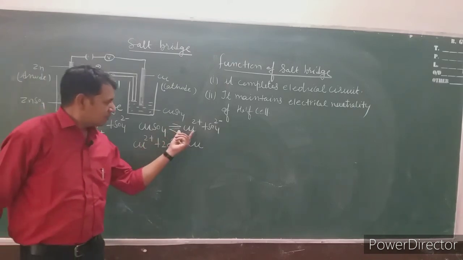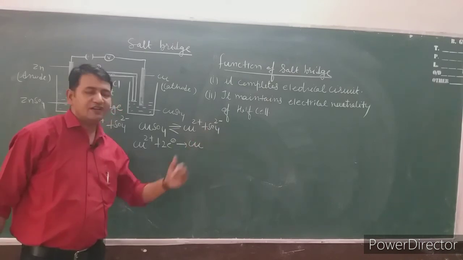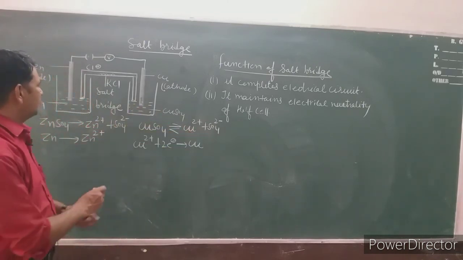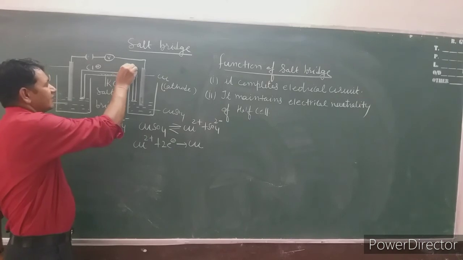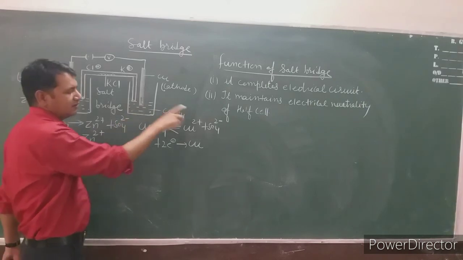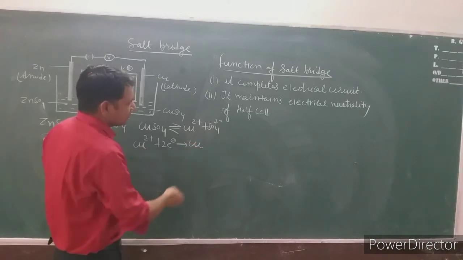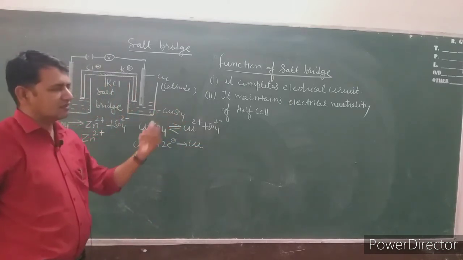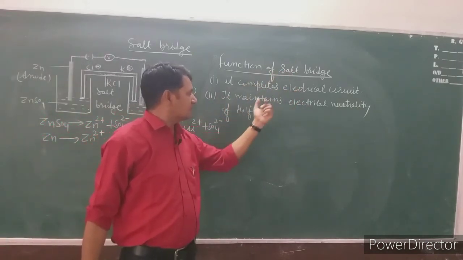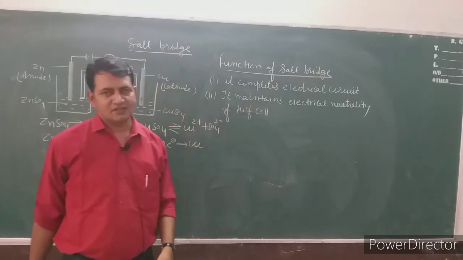So all the positive copper ions are converted into solid copper. Due to that, the concentration of sulfate ion increases, means negative charge increases. So as soon as the negative charge starts to increase, the positive species of the inert electrolyte, here potassium, moves to the cathodic compartment and neutralizes the extra sulfate negative charge. So this is the meaning of maintenance of electrical neutrality. So these are the two functions of salt bridge: it completes the electrical circuit and it maintains electrical neutrality of the half cell. I hope you have understood this concept.